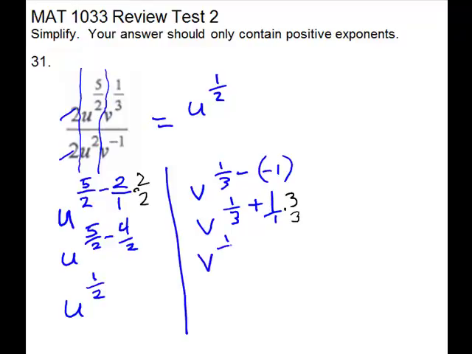So I have v to the 1/3 plus 3/3. Keep the denominator, combine the numerator, to the 4/3. And that one is simplified. So actually both are on the numerator, so you don't have to show a denominator. So u to the 1 half, v to the 4/3.